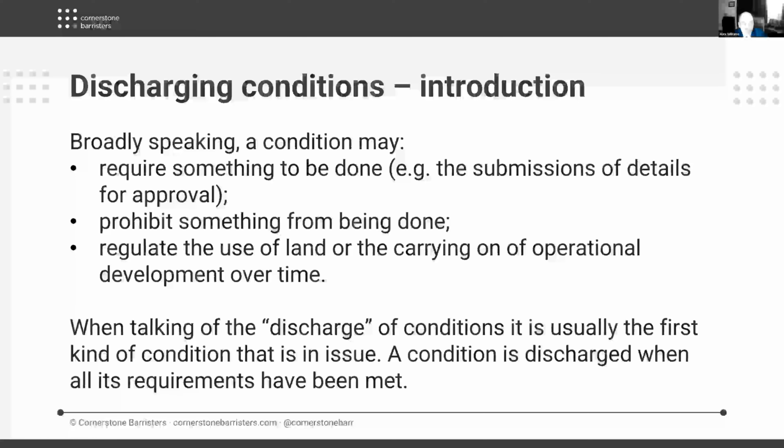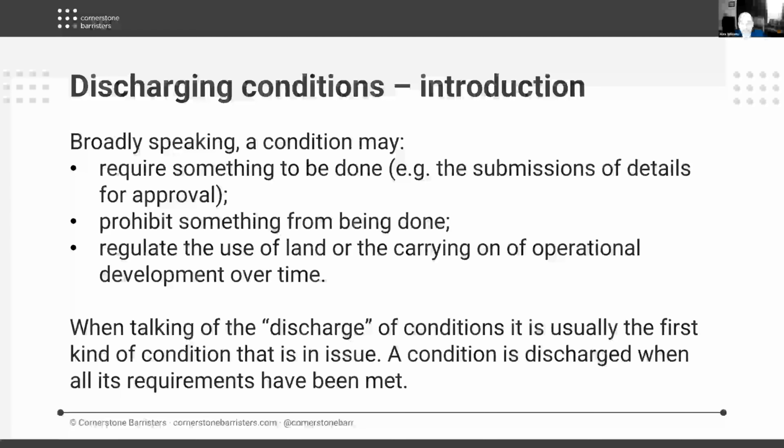A condition may also prohibit something from being done. A condition may, for instance, prevent a new building from being used for any purpose other than that which it is intended for. Those are known as negative conditions. And thirdly, a condition may regulate the use of land or the carrying on of operational development over time.